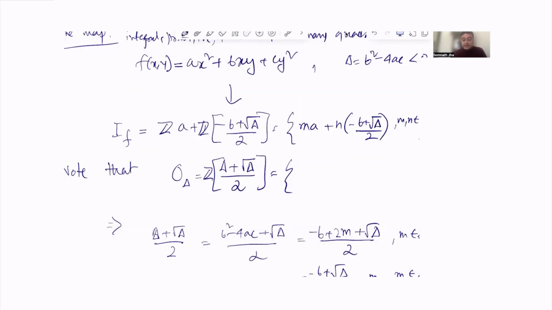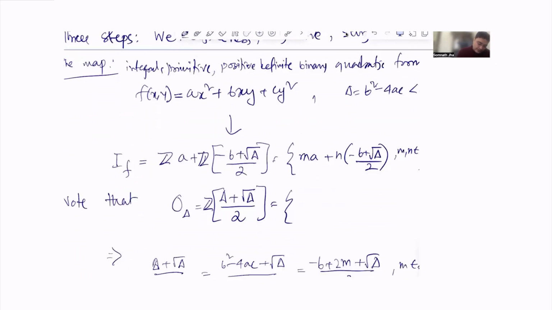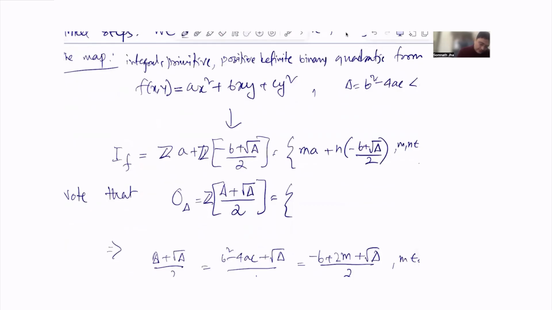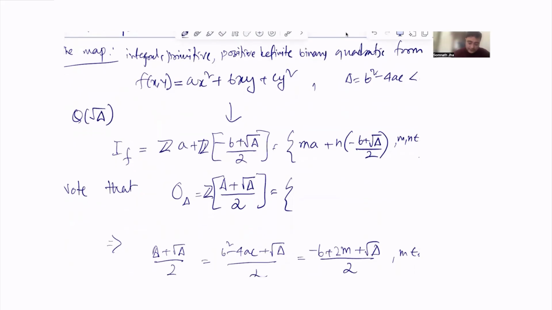We are considering Δ = b² − 4ac, and we are considering the imaginary quadratic field Q(√Δ). Because Δ = b² − 4ac is less than 0, O_Δ can be written as r + s(Δ+√Δ)/2, where r and s are integers.